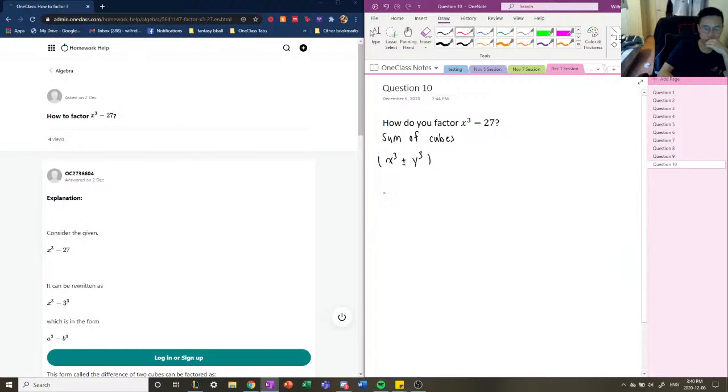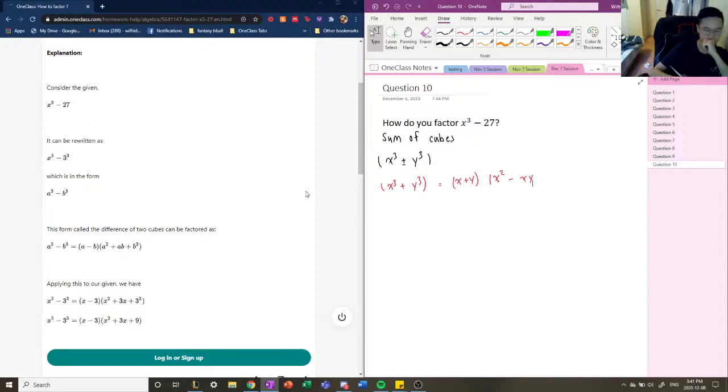And there's two different rules. When you have x cubed plus y cubed, this can be factored into x plus y times x squared minus x times y plus y squared. Okay, so that's for x cubed plus y cubed.